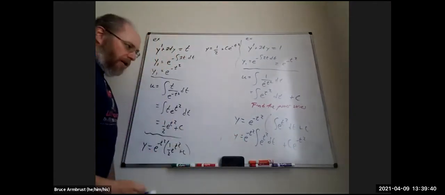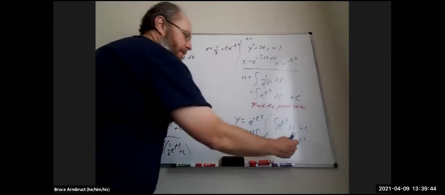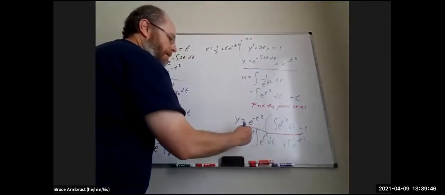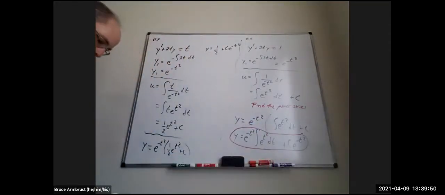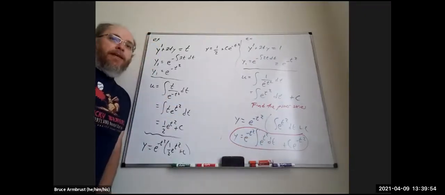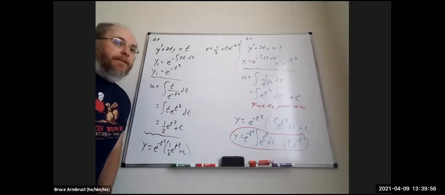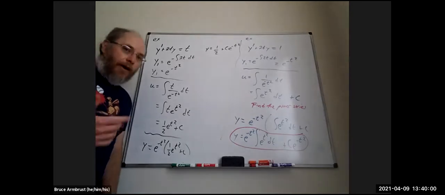So this is just what we're going to do for right now, because we don't want to worry about dealing with the power series and everything. But as I said, we can go ahead and find the power series for e to the t squared. We can then integrate that power series, and that's going to give us a power series for our function.